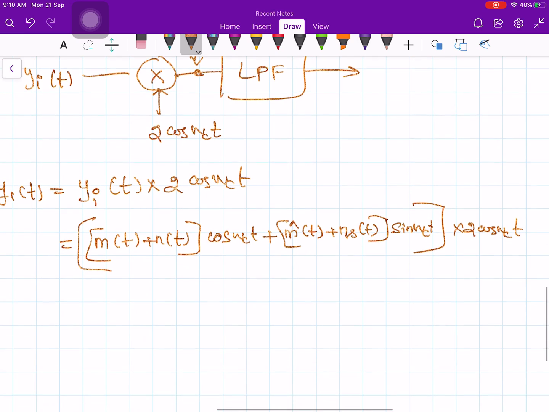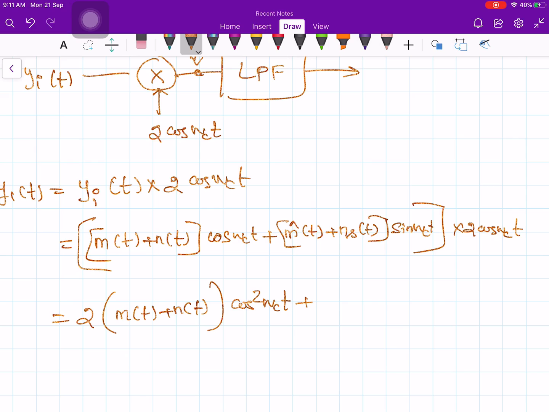Okay, so this is going to be 2 times m of t plus n of t cos square omega ct plus m cap of t ns of t multiplied by cos omega ct times sin omega ct.